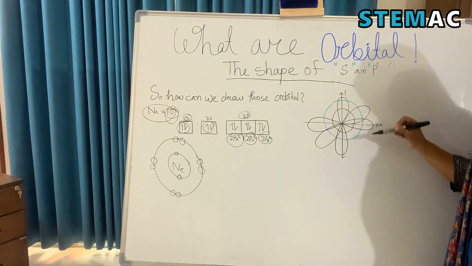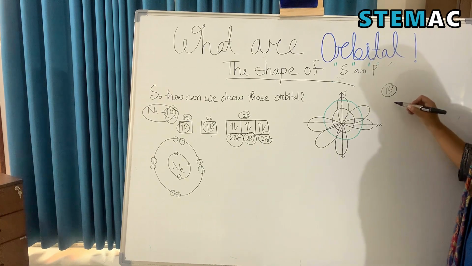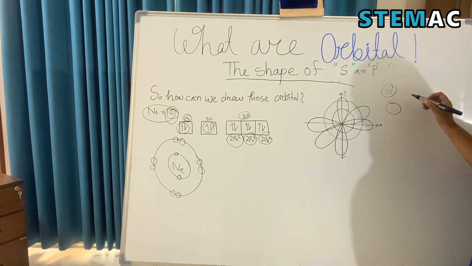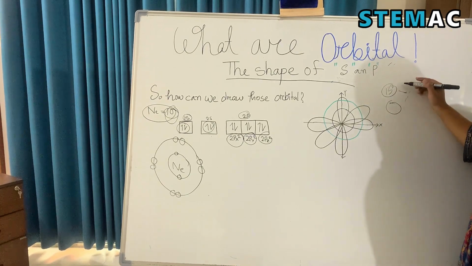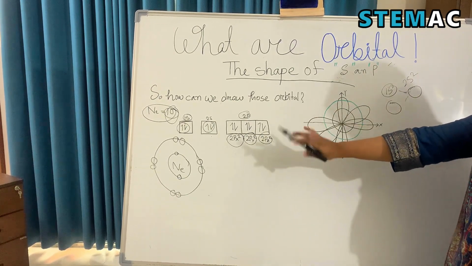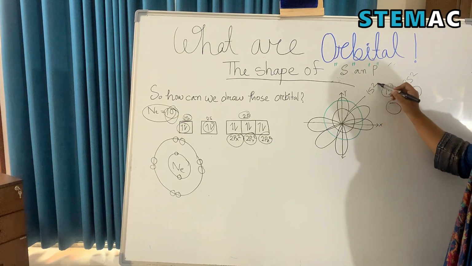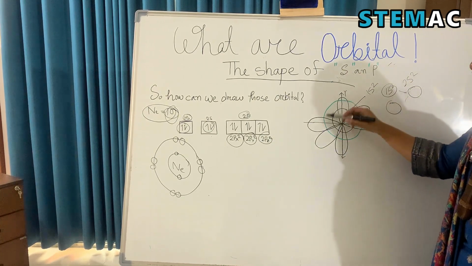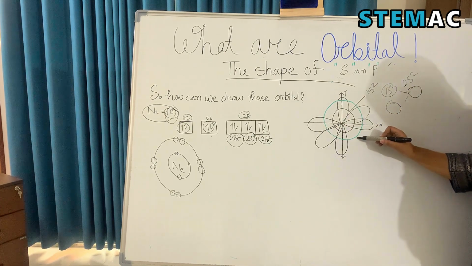Previously we learned that the 1s square round shape is gonna be bigger in case of 2s square. So here is the first 1s square orbital.